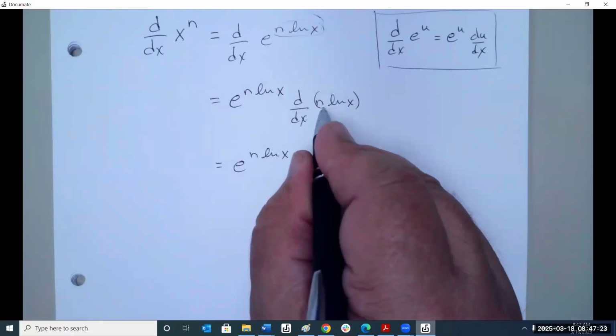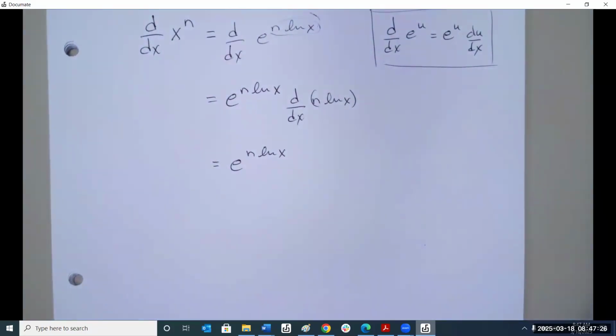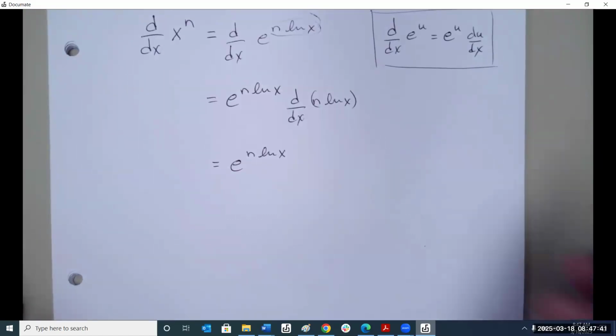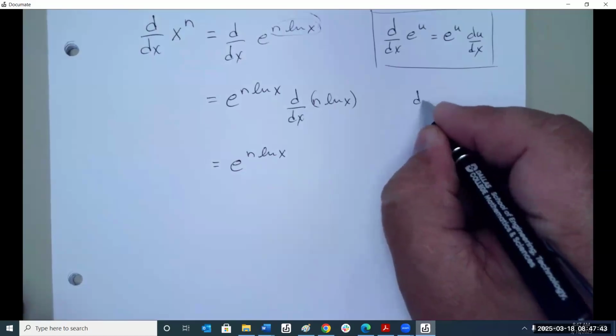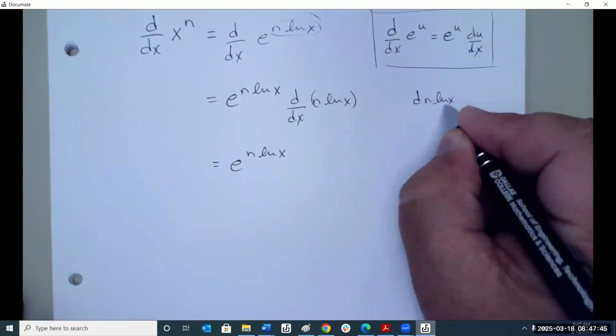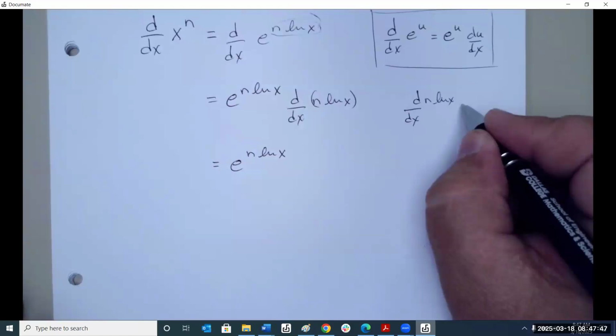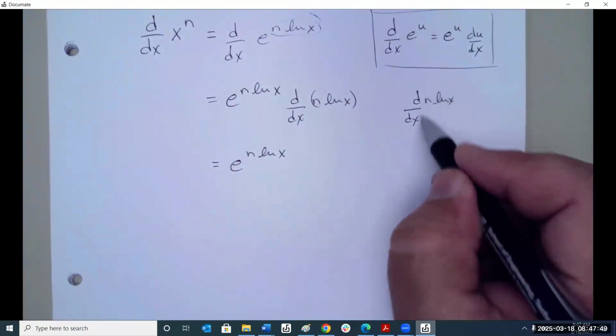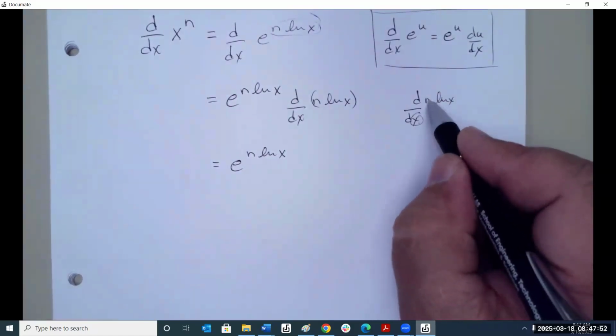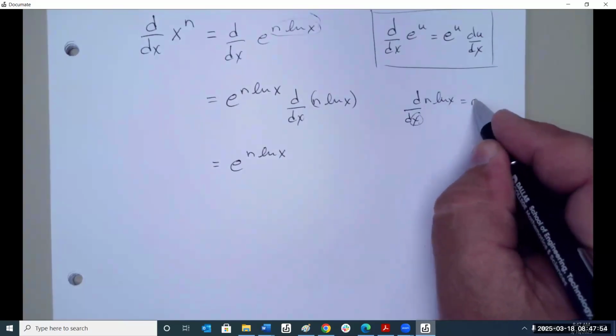What's the derivative of n ln x with respect to x? We're only taking the derivative of stuff with respect to x, so the n goes out in front.